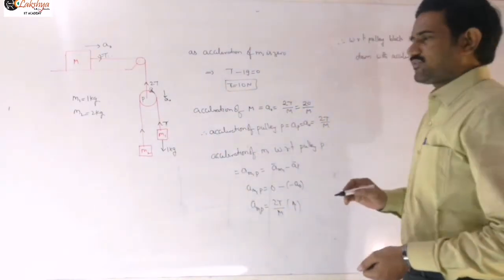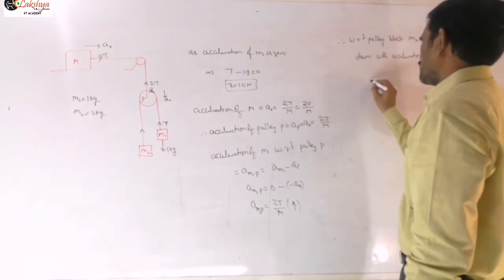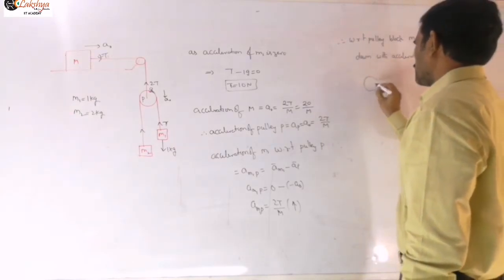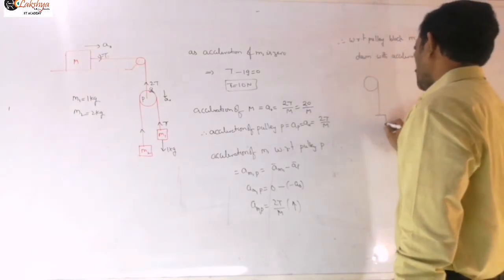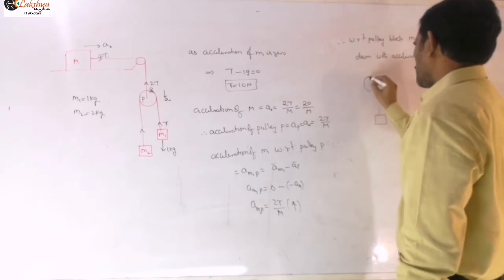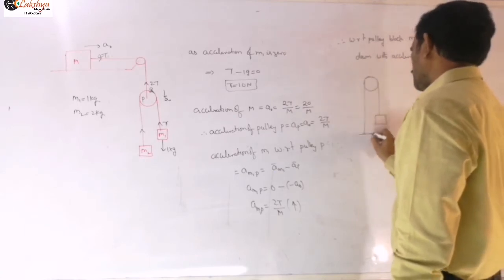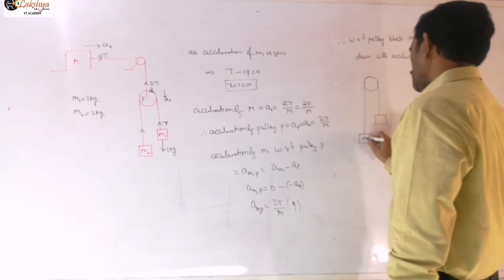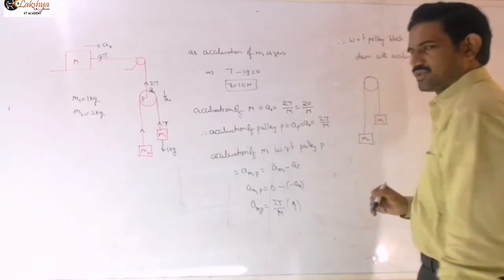So now let us take the free body diagrams with respect to that pulley. So directly I am representing like this here. With respect to the pulley, you will get M1 and M2 blocks there. So this is our M2 and this is M1, right?